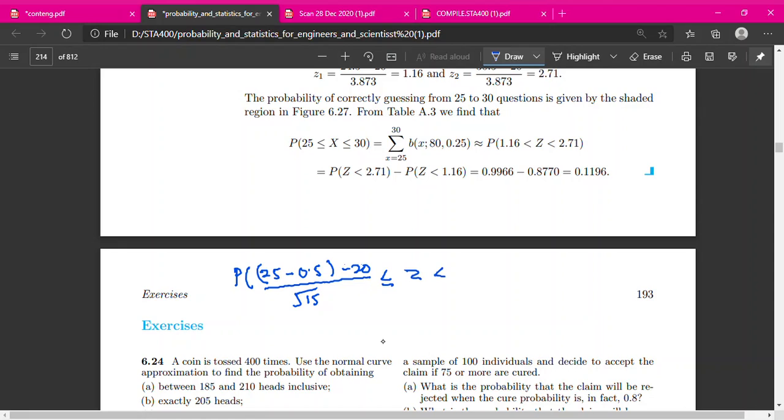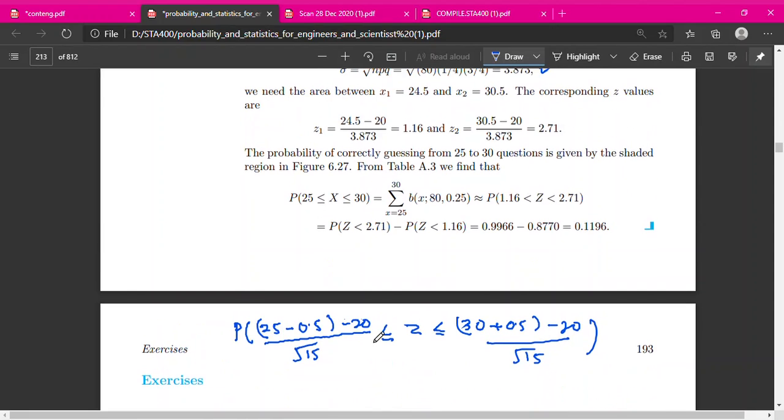Z. Okay, saya tukar Z tadi. Here will be 30, because di sini X less than or equal. So, kalau less than, tolak. Less than equal will be plus 0.5, minus mean divide dengan standard deviation. Okay. So, you akan dapat this.